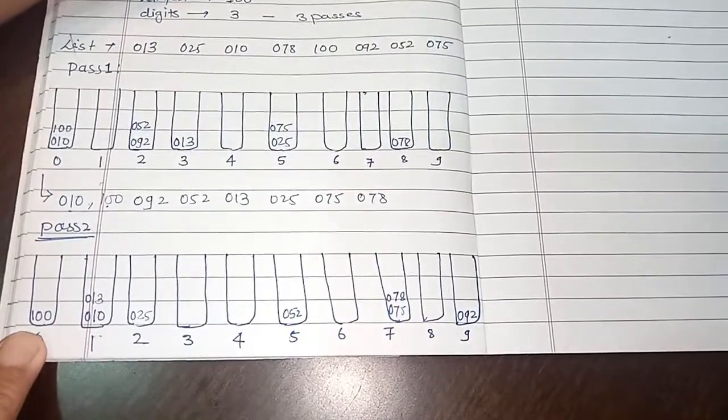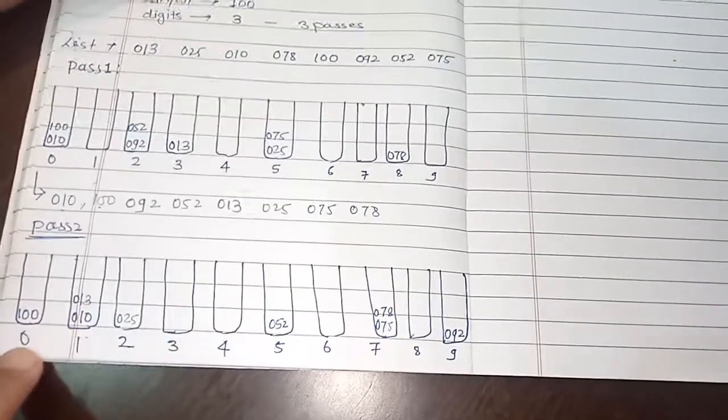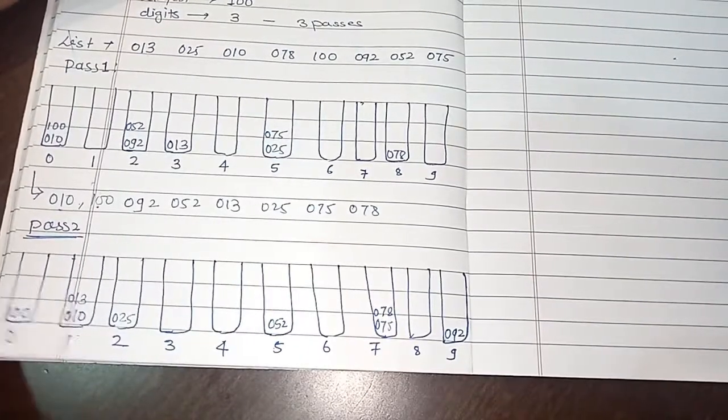Now we have to take out the numbers again from buckets respectively and from the bottom, as we have discussed in pass 1. So we have to take out the numbers from the buckets from 0 to 9 and from the bottom.